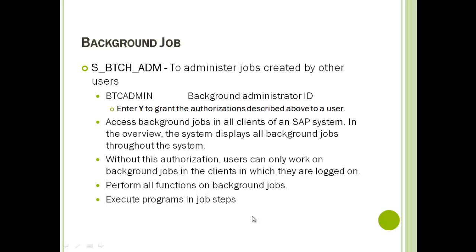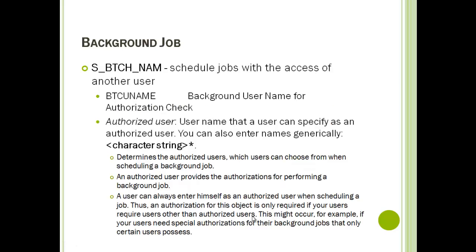Now let us go to the next authorization object. Next authorization object is S_BTC_NAM. This authorization object schedules the jobs with access of another user. So you can schedule the job with the access of another user.